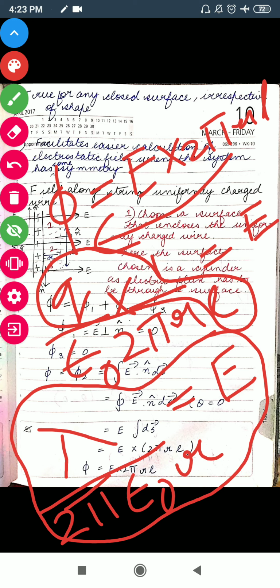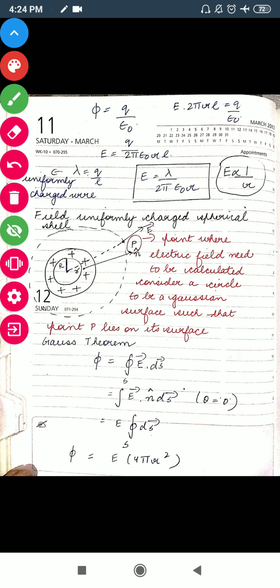So now the next application is the field through a uniformly charged spherical shell.